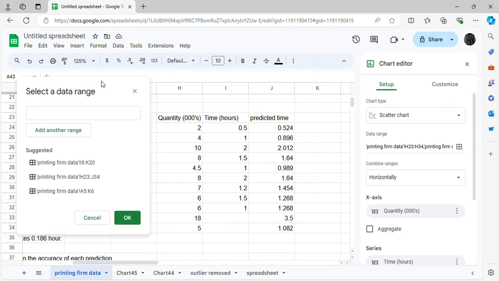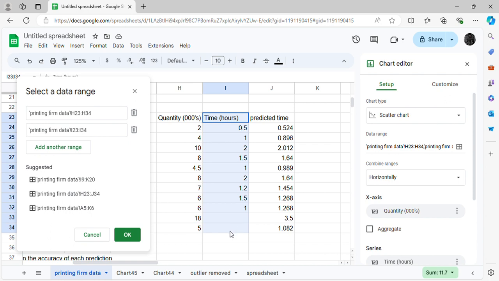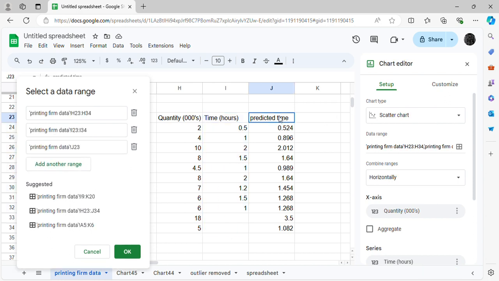Let's select the data range, fetch the quantity, then add another range, the dependent value, which is time, then add another range, which is the predicted time.